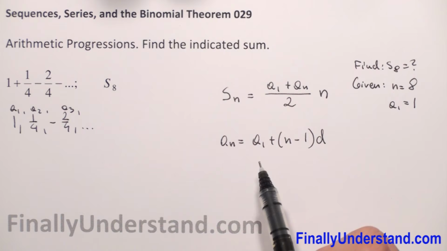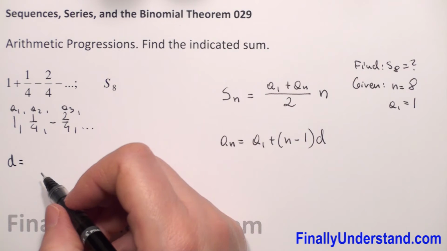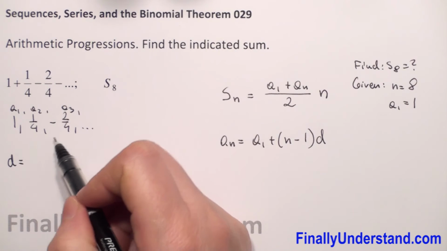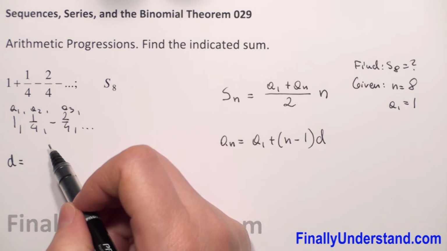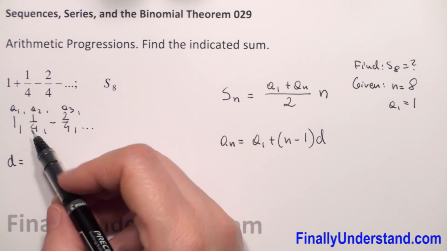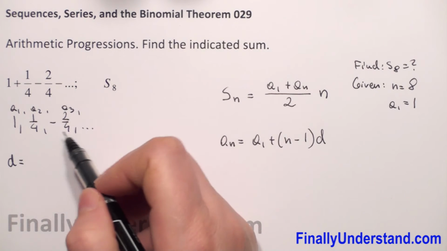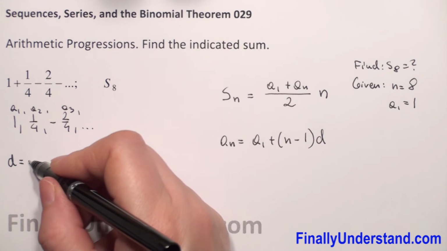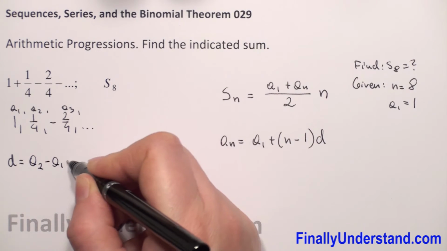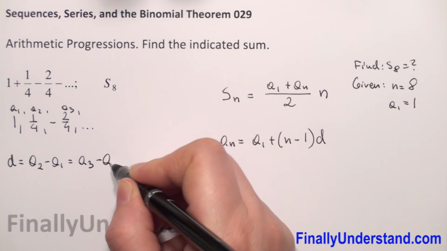To have this d, we have to choose 2 consecutive terms from our arithmetic progression and subtract the first one from the second. So I can choose a1 and a2 or a2 and a3. d is equal to a2 minus a1, or, like I said, a3 minus a2.